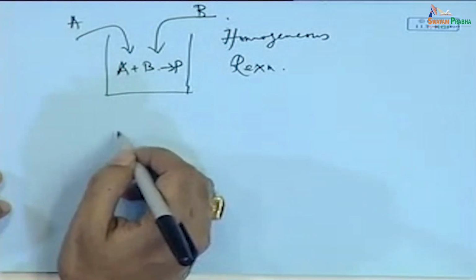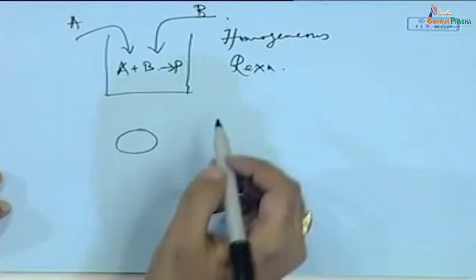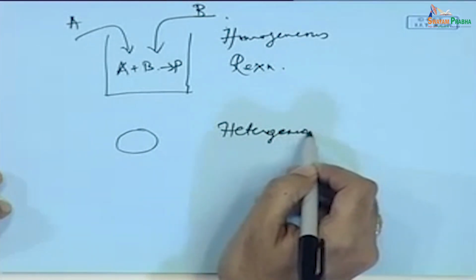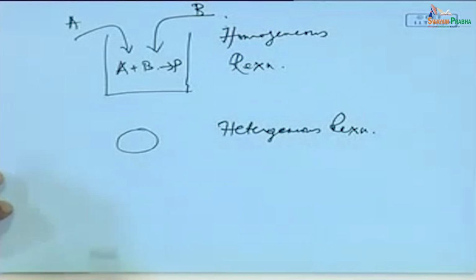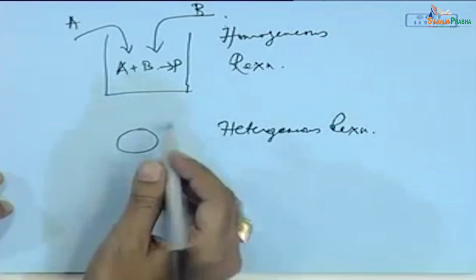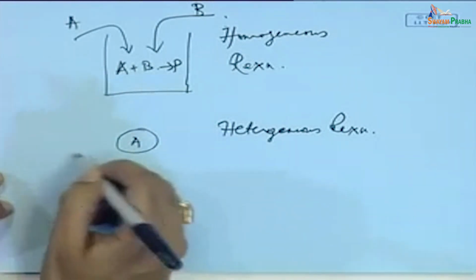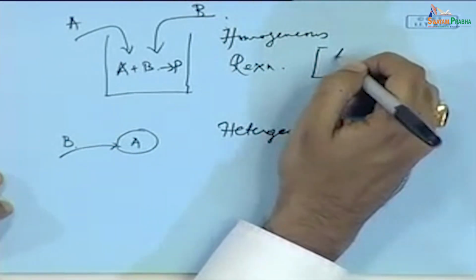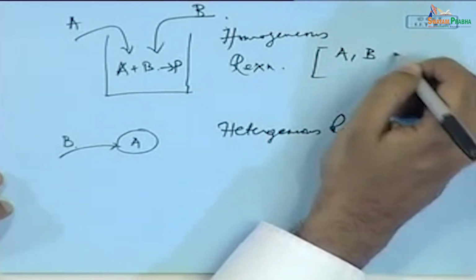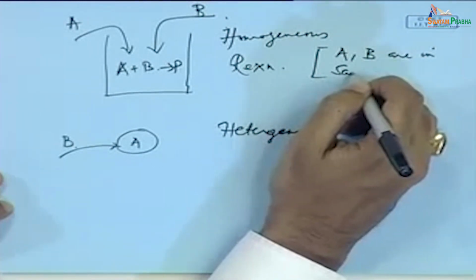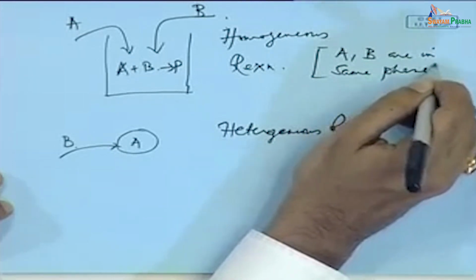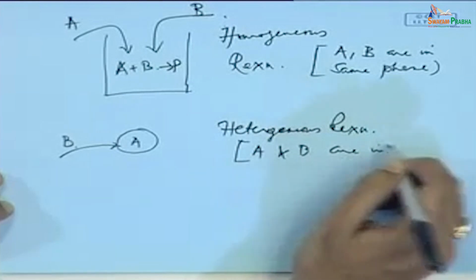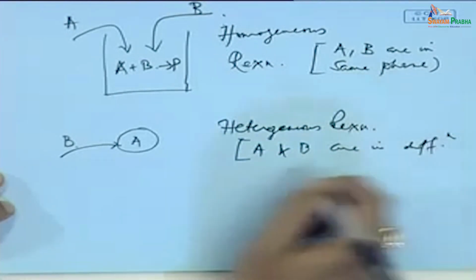Then the second one is, say, a catalyst pellet. We took this heterogeneous reaction. So homogeneous reaction, the definition is that A and B are in the same phase. Here, A and B are in different phases.